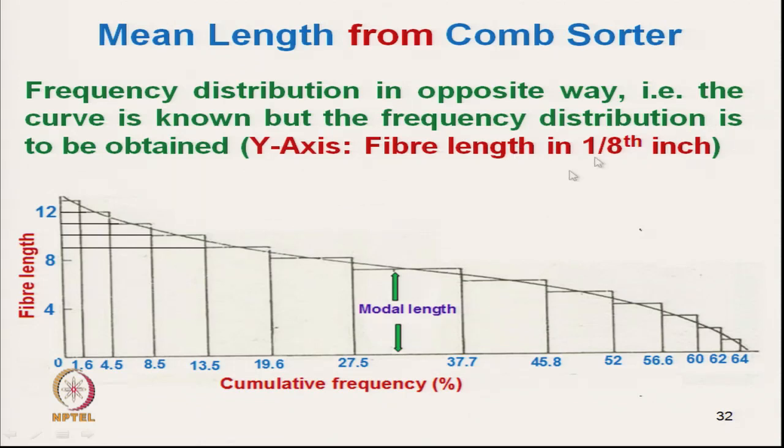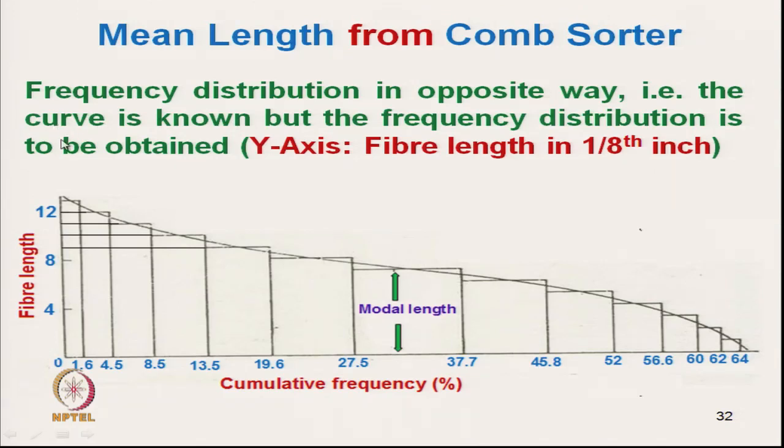From there, on the x axis the values are fiber length in terms of, say, 1/8 of an inch. That means 4 means 4/8 of an inch, that is half an inch. 8 means 8/8, that is 1 inch. So, 12/8 inch like this. This is the length, and on the y axis it is the cumulative frequency. So, this distribution we can calculate.